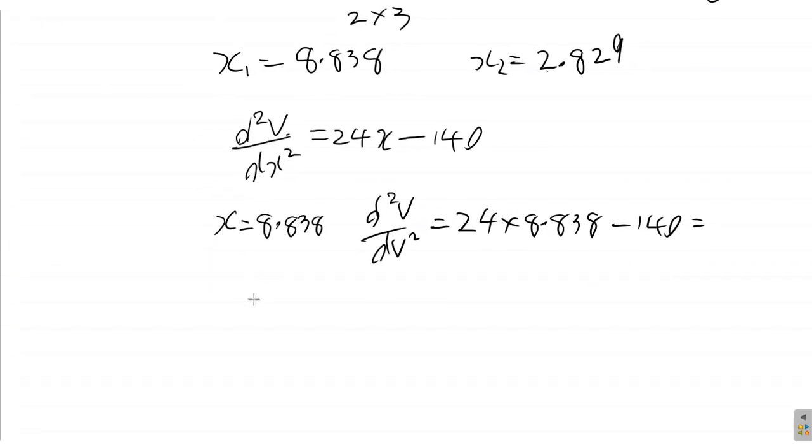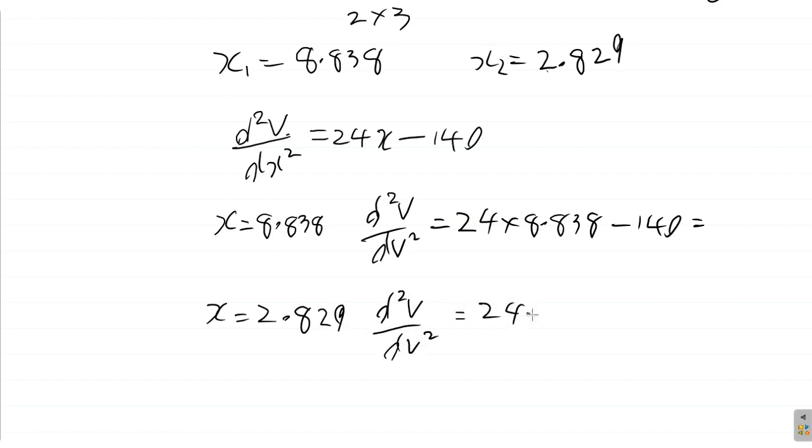And when x is equal to 2.829, then d²V/dx² is going to be 24 times 2.829 minus 140, and we find out what it is.